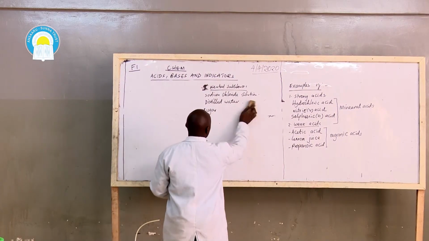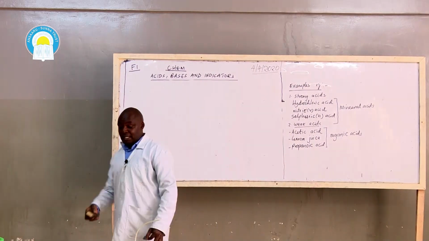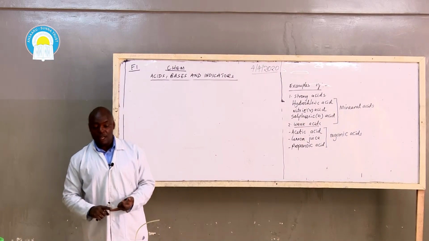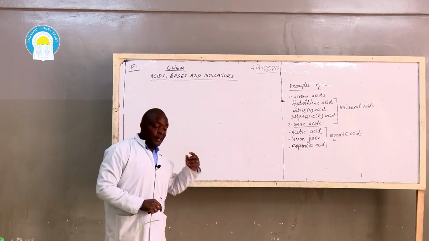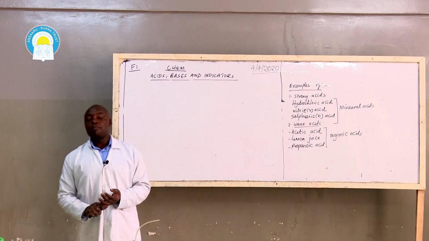Therefore, it calls for the existence of other substances that can help us to do that classification, and we have called them indicators. We have looked at indicators from flower extracts. We have also seen the commercial indicators, which are litmus paper, phenolphthalein, and methyl orange.